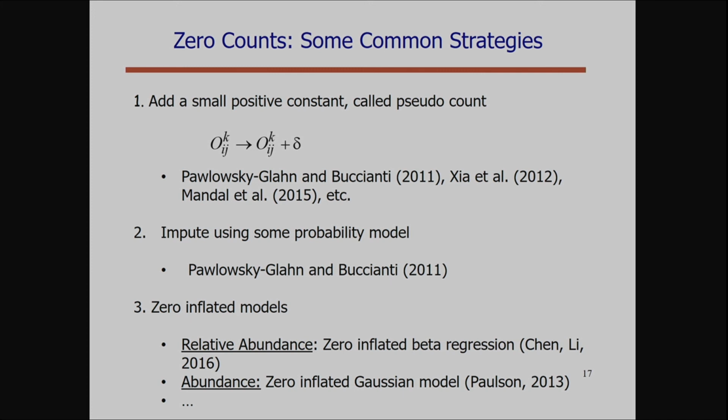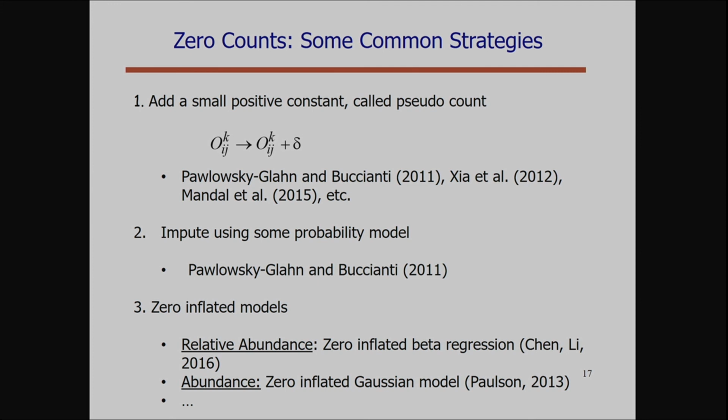So there are a variety of methods available in the literature, and each of them has its own strengths and conveniences as well. But what we try to understand is, why do we see zeros? Can we try to understand the source of zeros? Can we try to break it down so that we can apply a suitable method for the type of zero you see?